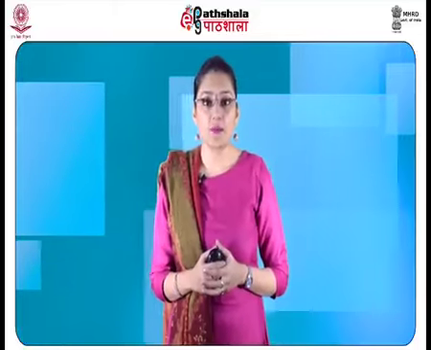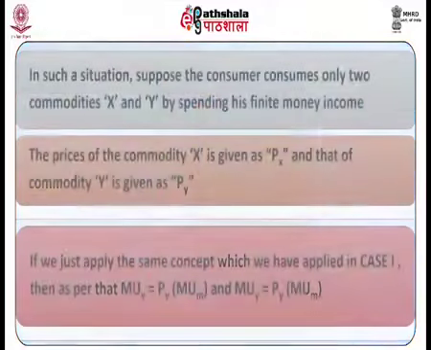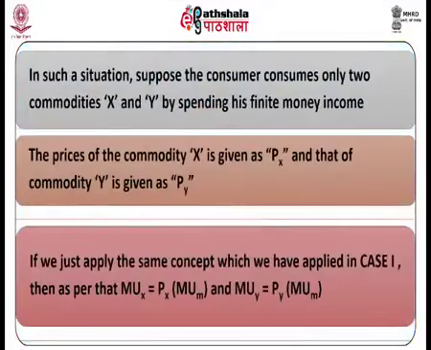Let us now explain the law of equi-marginal utility with the help of the two commodities case. Suppose the consumer consumes only two commodities, X and Y, by spending his finite income. The price of commodity X is given as Px and the price of commodity Y is given by Py.